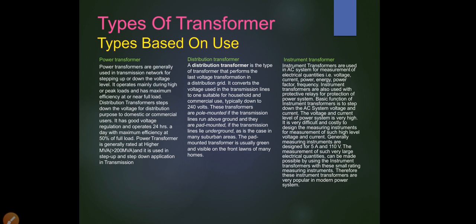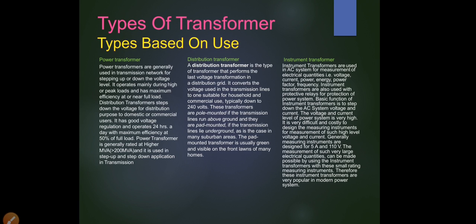In general application, the transcos run R, Y, B lines. In that power grid in power stations, this type of voltage transformer is used, the distribution transformer, and it converts the voltage used in the transmission line to one suitable for household and commercial use.